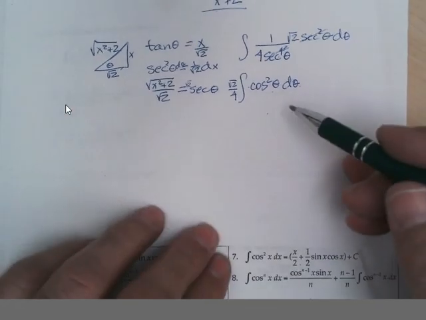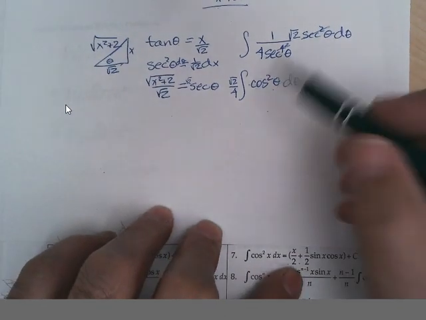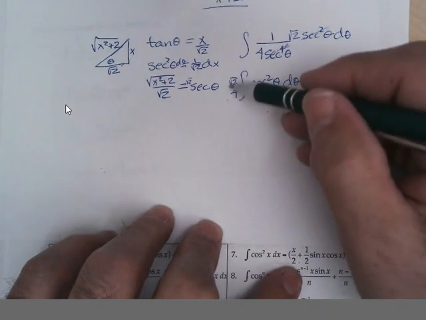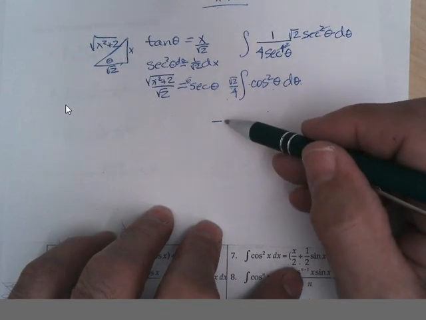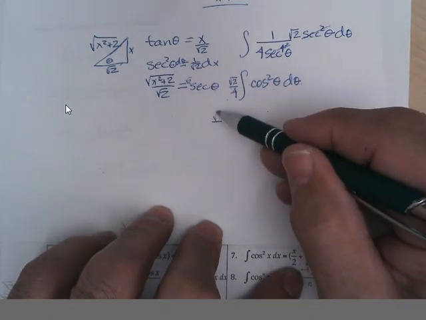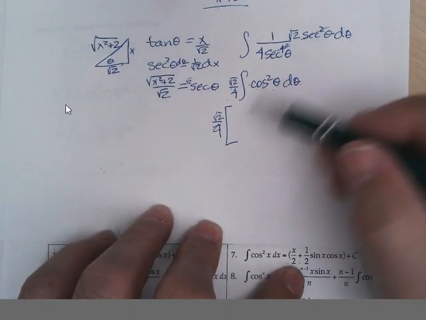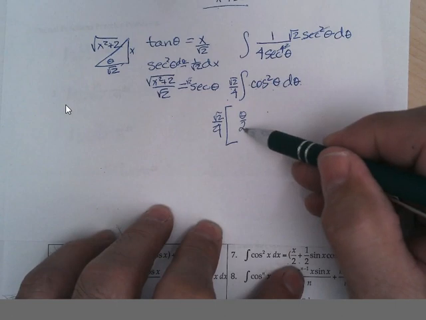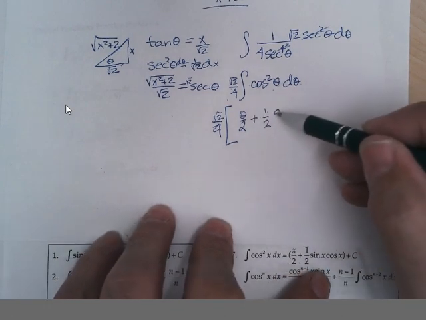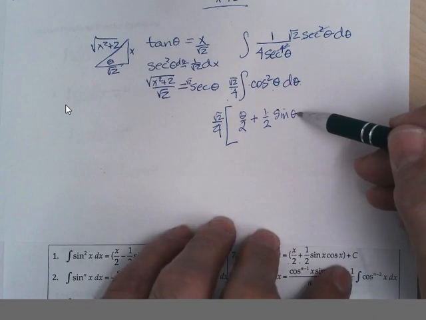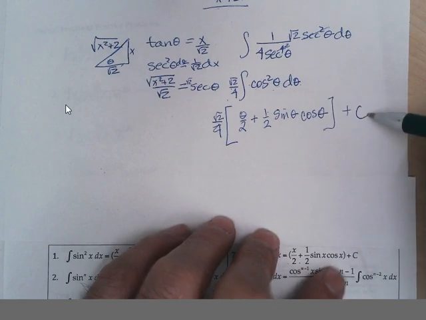So I'm going to get, so my x is a theta, I have a minus 1 times this, so I got minus, well, I'm going to put the answer in here, so I'm going to call it square root of 2 over 4. Cosine squared becomes theta over 2 plus 1/2 sine theta cosine theta plus c.